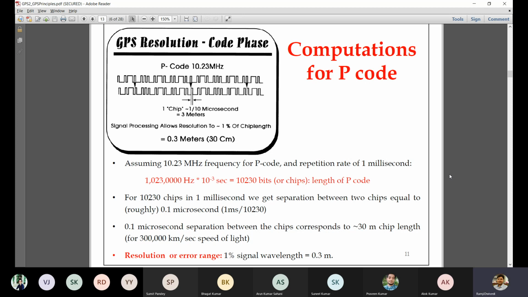But for comparative understanding between CA code and P code, it is assumed for the time being that the repetition rate is 1 millisecond, just for comparison between CA code and P code. Otherwise, repetition of the P code happens after the 267th day. Or for an individual satellite, the week-long code repeats after 1 week.